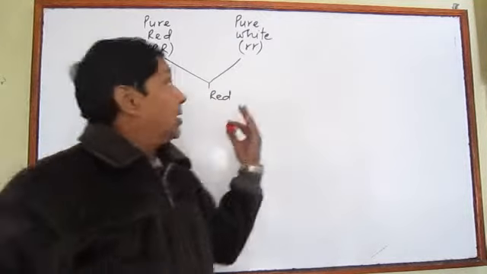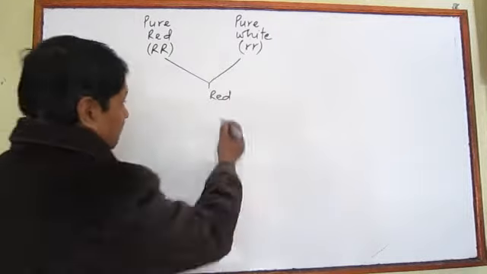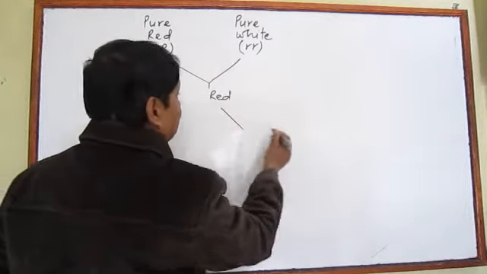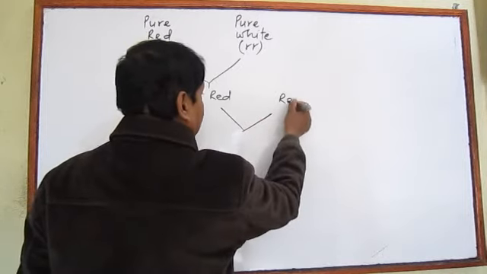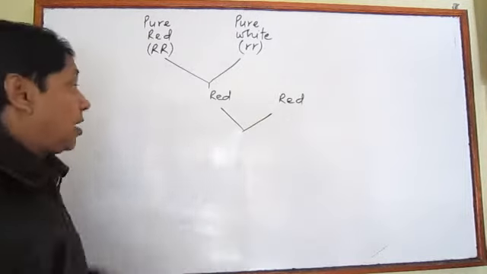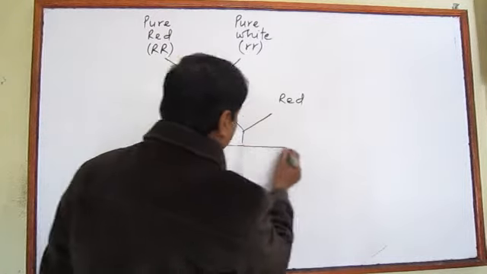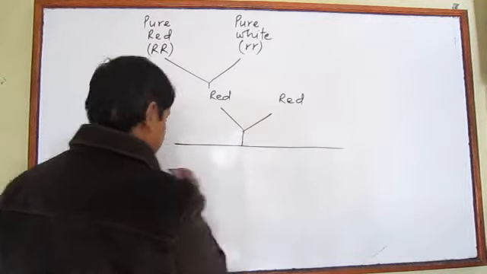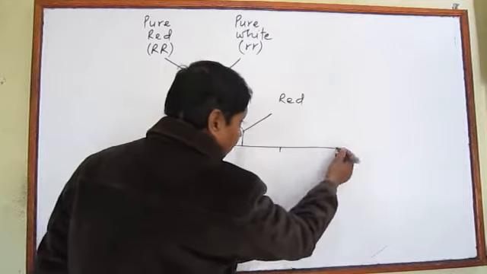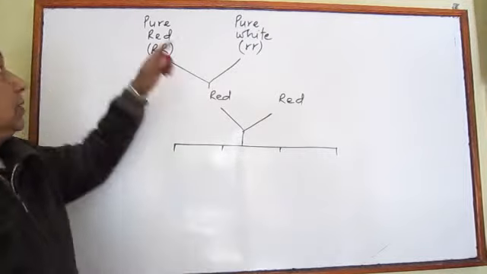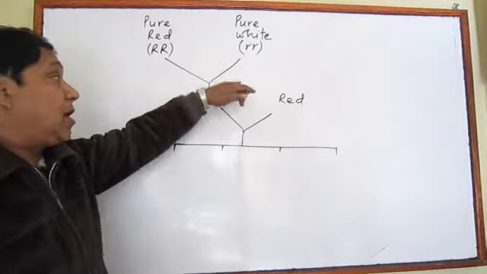Now the character of being white doesn't appear, but when this red flower pea plant of the first generation is self-pollinated, then what is found? In the second generation, both red and white flower pea plants appeared.